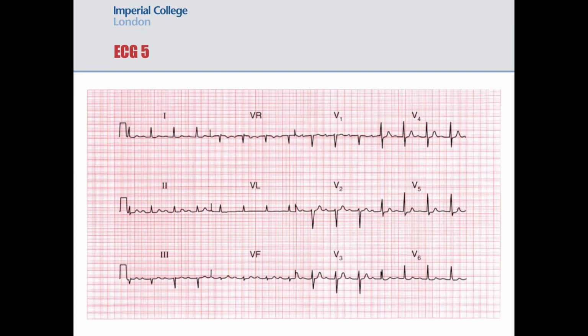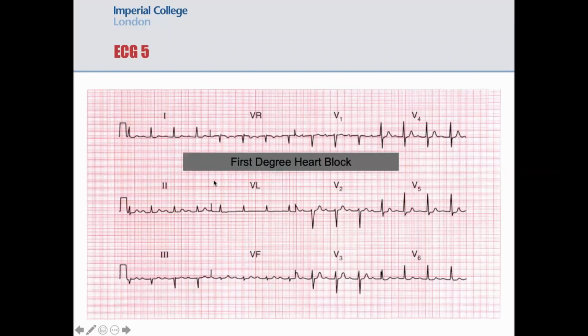We're going to talk about all the heart blocks in a bit because I understand it can be a difficult topic. But just look very carefully at the PR interval in lead 2, and put yes to tell me that you can see that it is prolonged. Okay, cool.